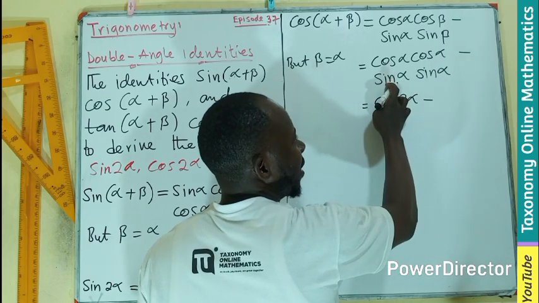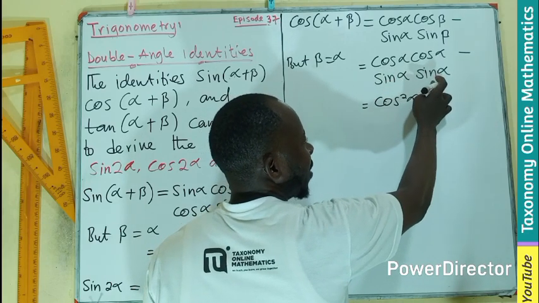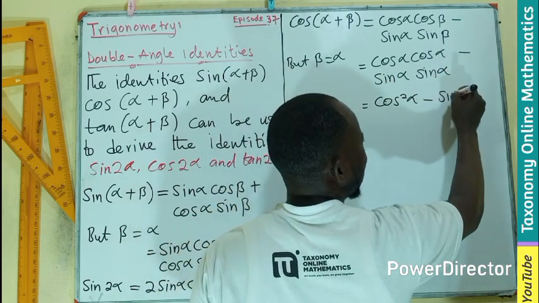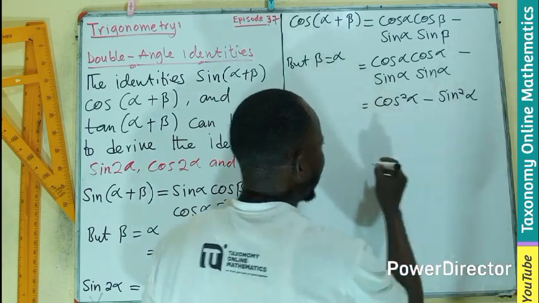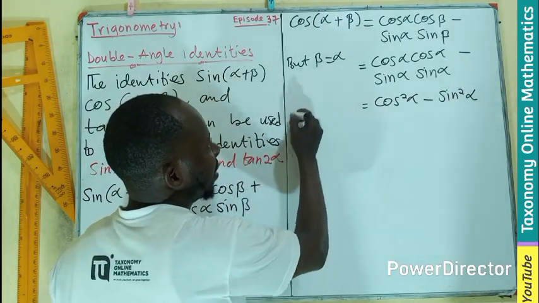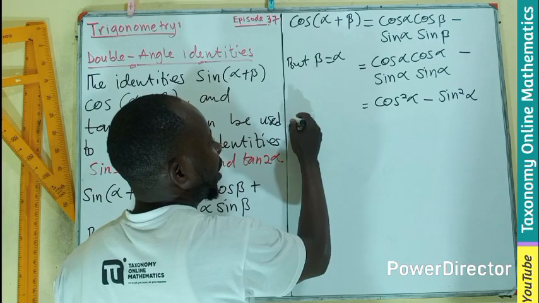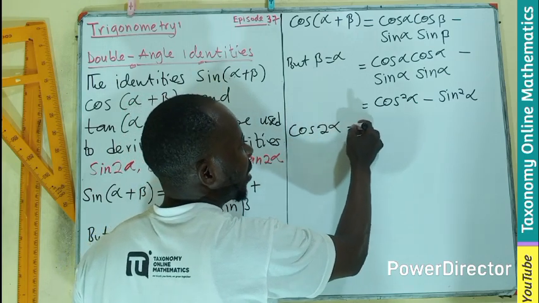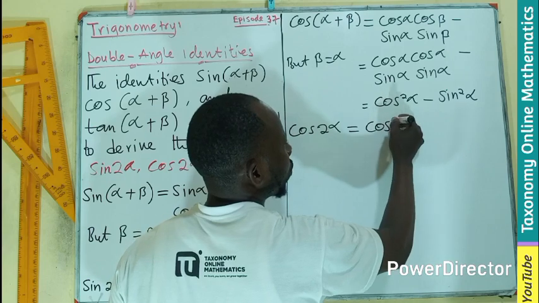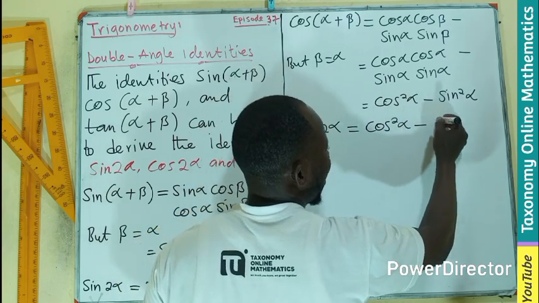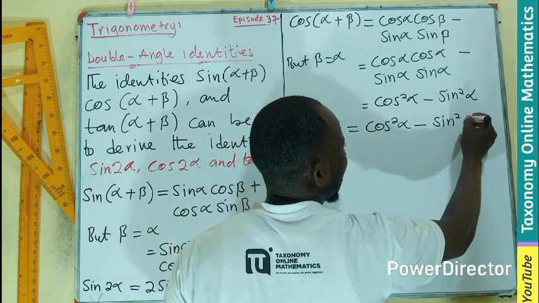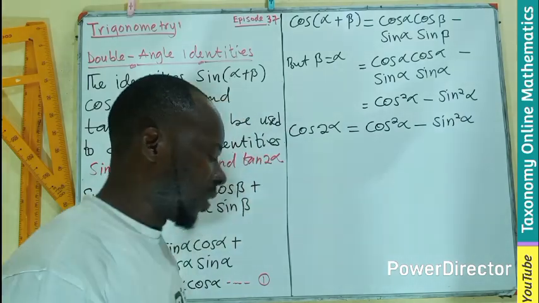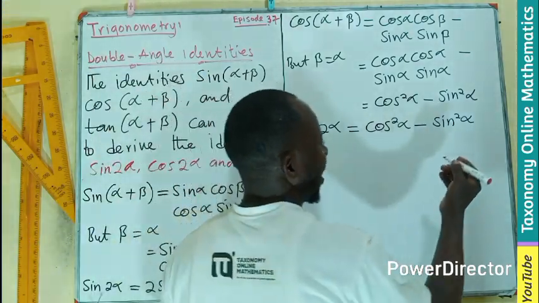If this is k, that's k squared, so I have sine square alpha. So that means the cos of 2 alpha equals cos square alpha minus sine square alpha. This will be our second identity.